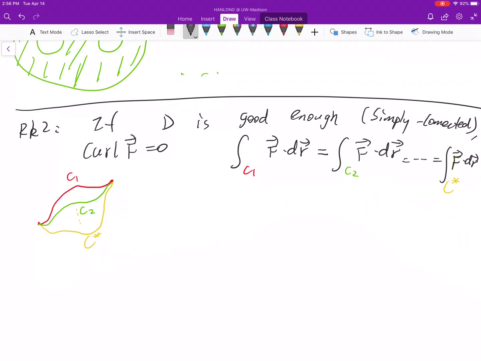Later on I will give you some examples showing how to apply this formula.